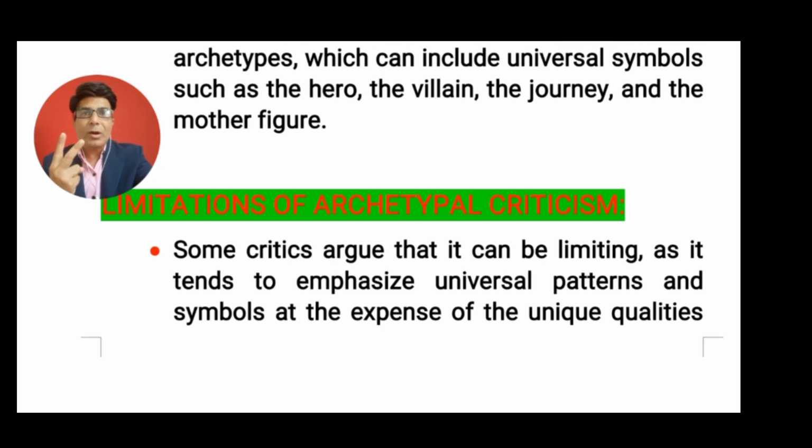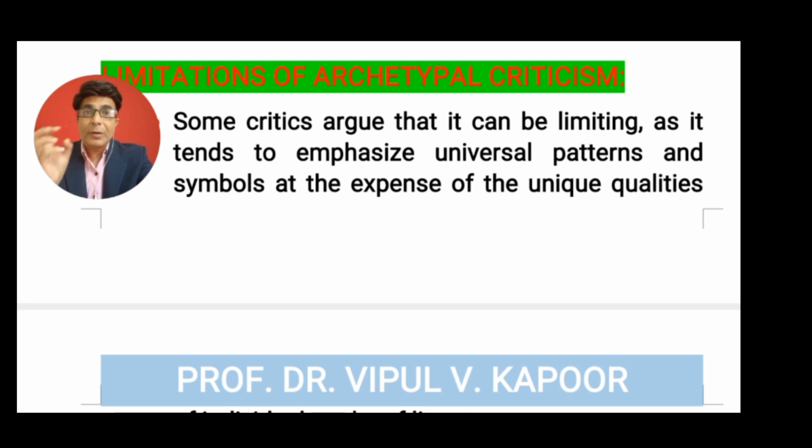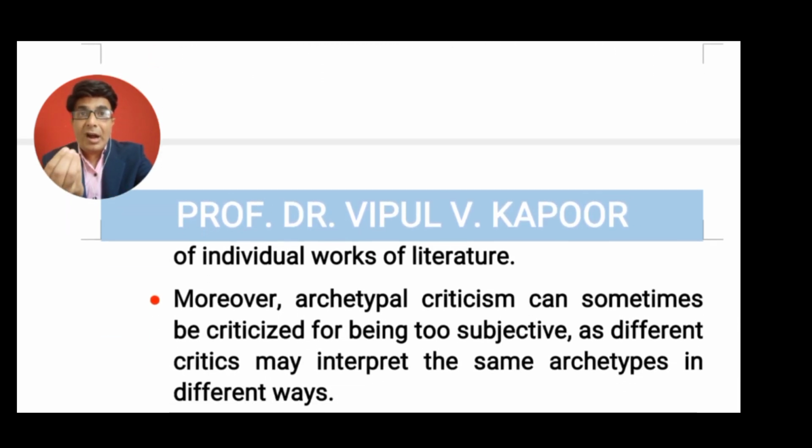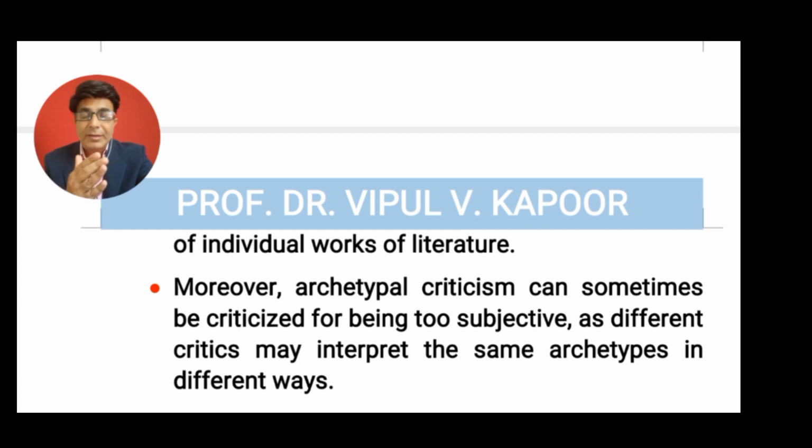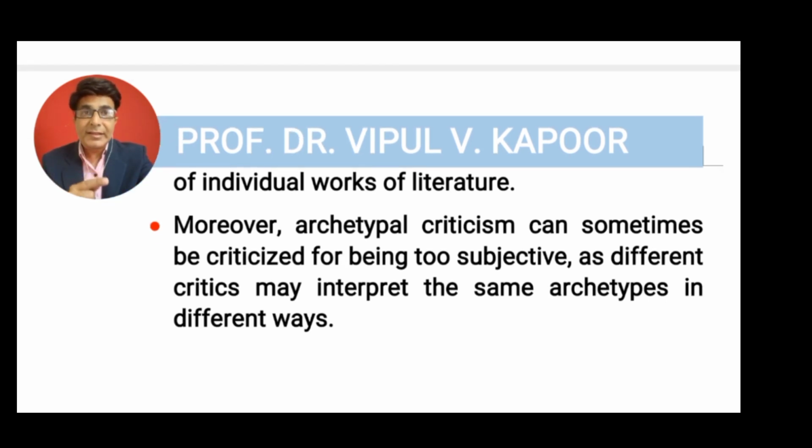Now there are two important limitations of this type of criticism. Number one, some critics believe that it tends to emphasize universal patterns and symbols at the expense of the unique qualities of literature. When you try to find these common universal symbols and themes in literature, you are actually ignoring the real unique quality of literary art, which is missing in this type of criticism.